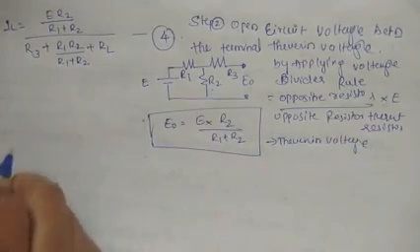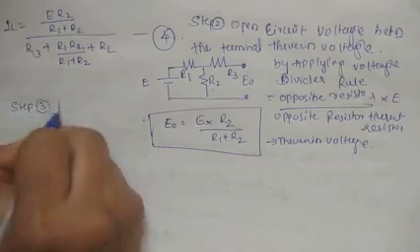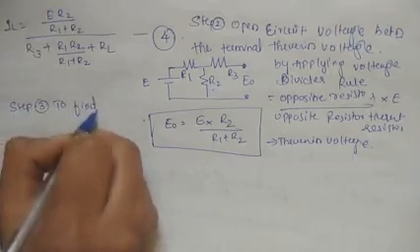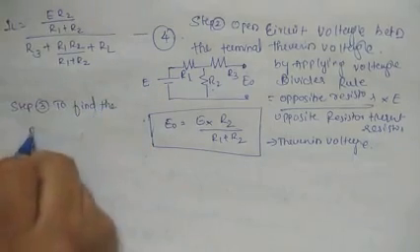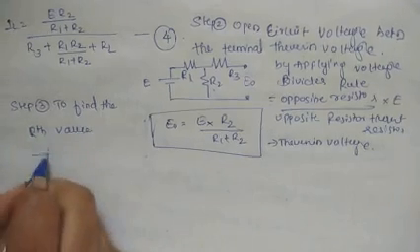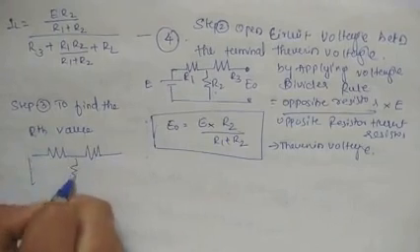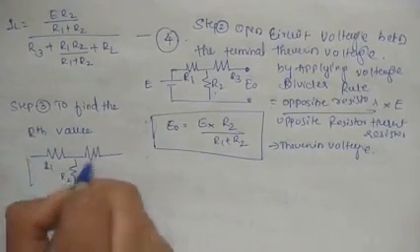Now you have to find step 3, the RTH value. To find the RTH value, what should we remove? We should remove the voltage source. R1 R2 R3.